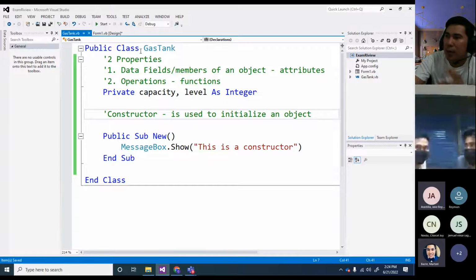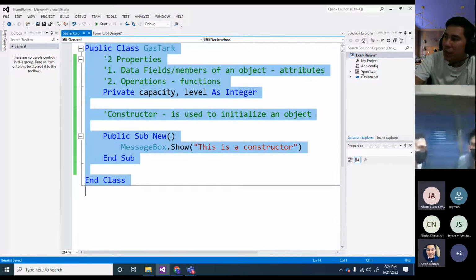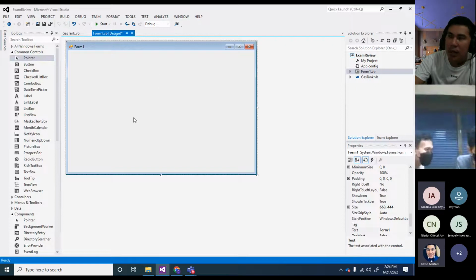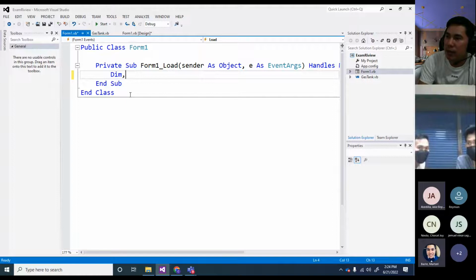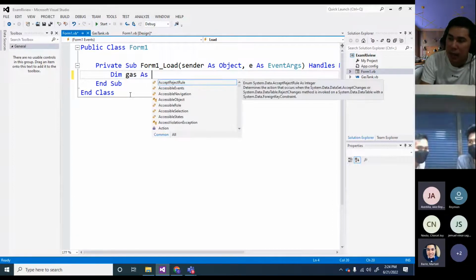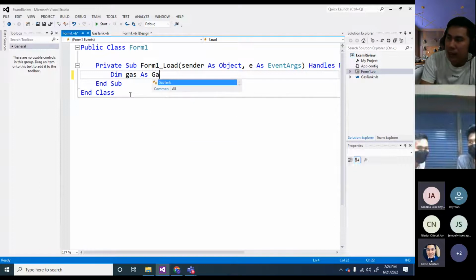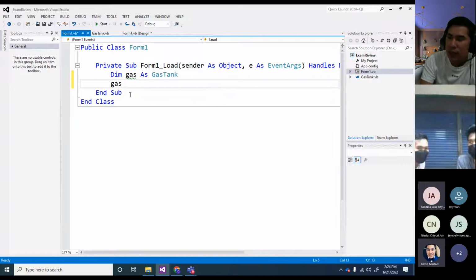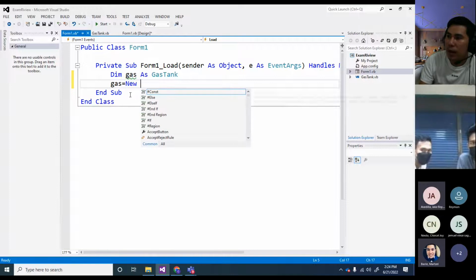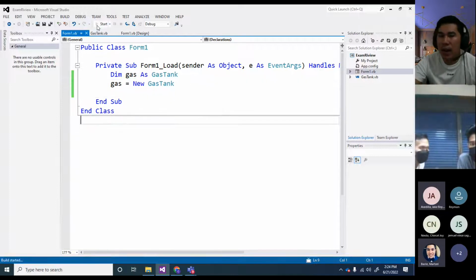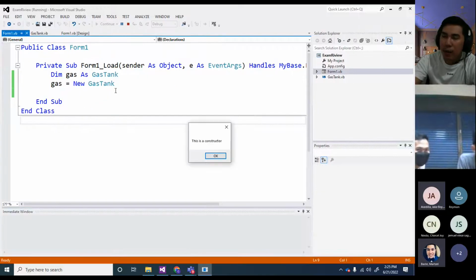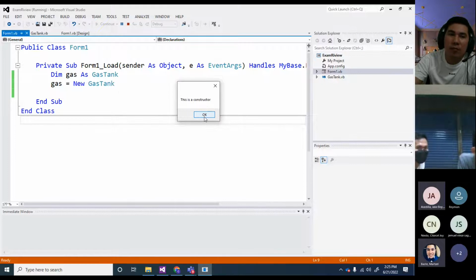So let's say if I'm going to call this class from here, let's say I'm going to create an object, gas as tank. Gas tank. So gas is equal to new gas tank. So whenever I run the program, the constructor is automatically called.